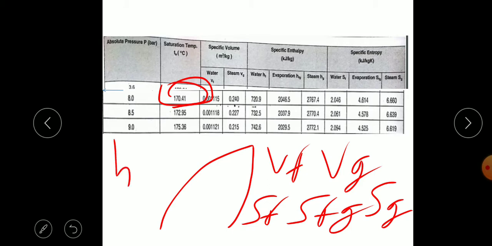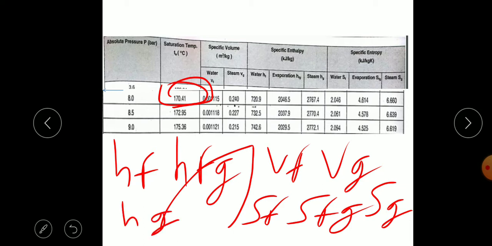Similarly, Hf is the enthalpy of the liquid. So initially water is liquid. After addition of Hfg, the heat of evaporation, the final total enthalpy of the steam is Hg. Hf plus Hfg is the Hg.